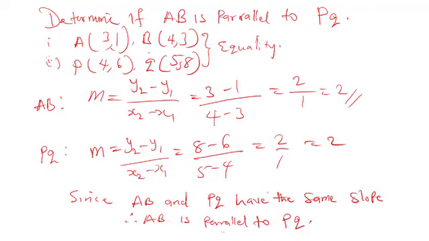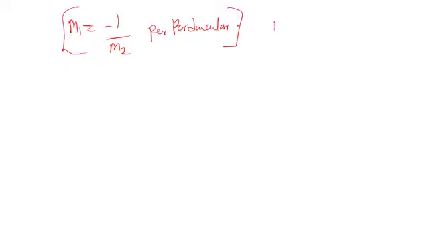Since they both have equal slope, AB is parallel to PQ. But if the slope m1 is equal to minus 1 over m2, then they are perpendicular. They are not parallel if their slope is not the same. But if m1 is equal to m2, then they are parallel, just like what we just confirmed.